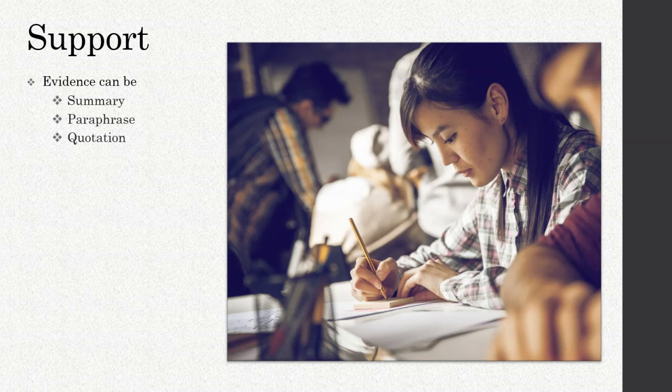Summary, paraphrase, and quotation are all forms of supportive evidence that you might use. But for it to really be supportive, it needs to be relevant to your focused topic. It needs to be relevant to the idea you're introducing and the topic that you are discussing.